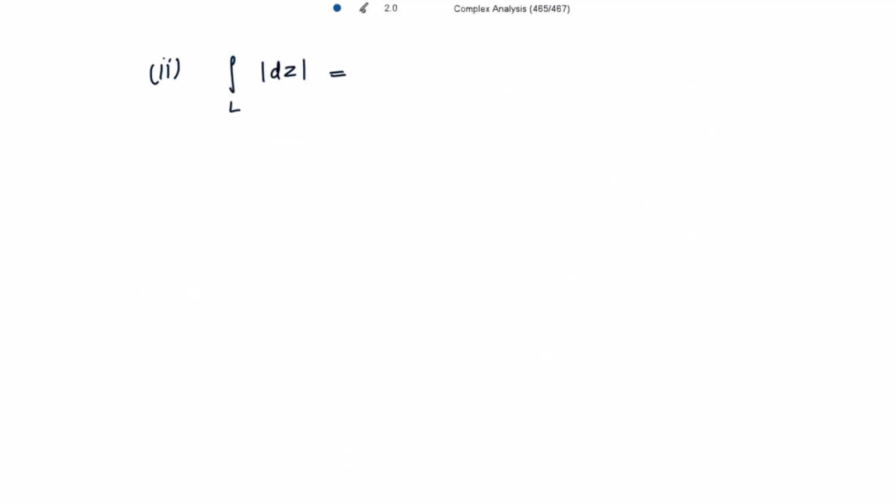Next, the integration of the mod of dz. This is equal to the limit n tends to infinity, where again the integrand is 1, that is f of xi k is equal to 1. So we write the summation k going from 1 to n of f of xi k, which is 1, multiplied with the mod of dz, that is the mod of delta zk, or zk minus zk minus 1.